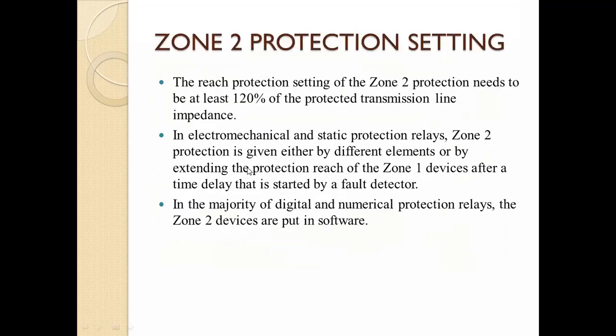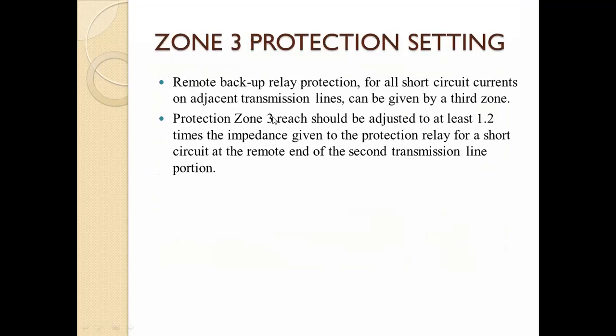Then the protection zone 3 should be adjusted to at least 1.2 times the impedance given to the protection relay. We are already setting the impedance, that impedance is Z, or suppose this Z is equal to 1.